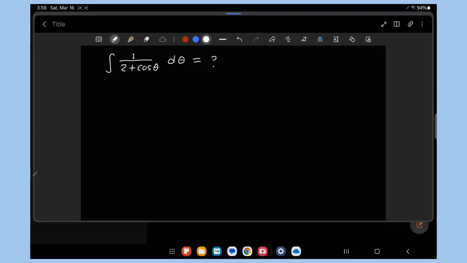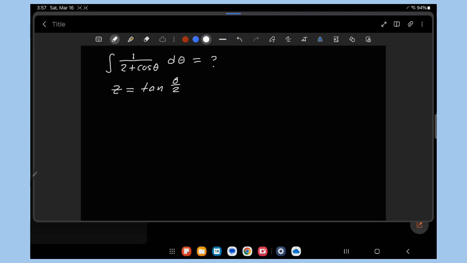The usual substitutions that you might think of will not work in this particular integral, but it turns out that the following substitution, z equals the tangent of theta over 2, does simplify this to something that we can somewhat easily evaluate. So let's start with this substitution, and let's change the integral to an integral of a function of z times dz.